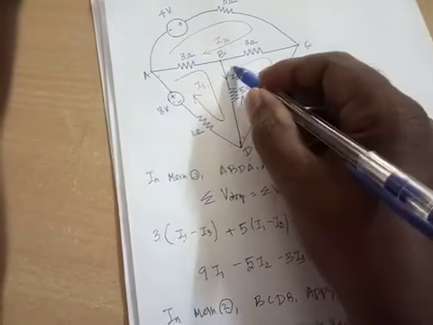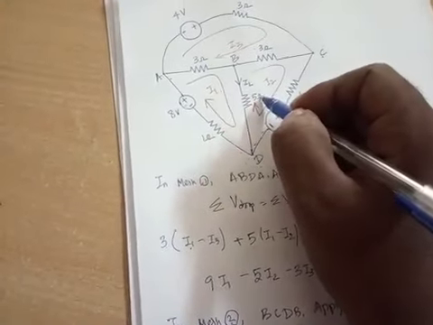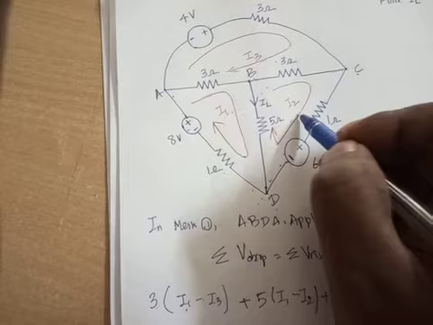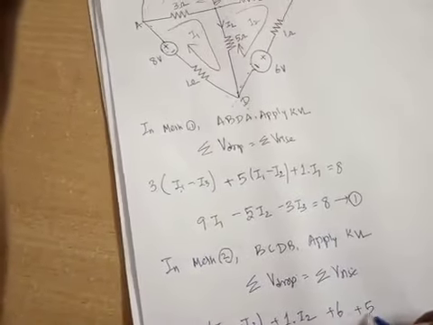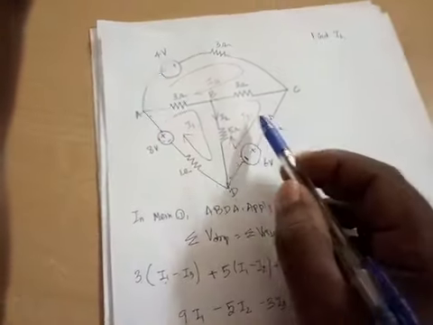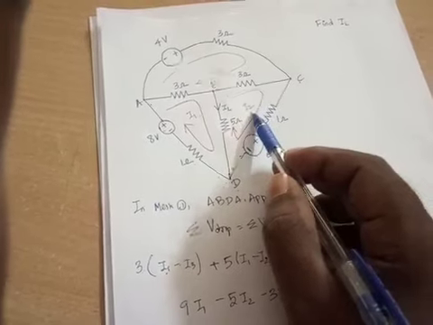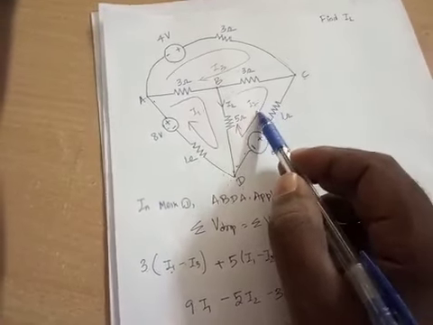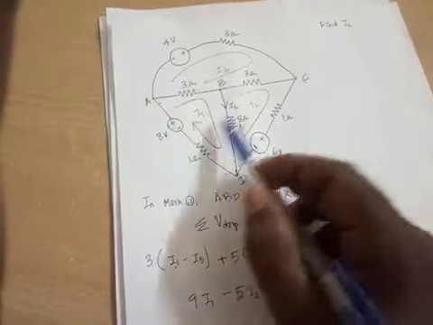Next, D to B, the resistance is 5 ohm. The currents flowing through it are I2 and I1, in opposite directions, so plus 5 into I2 minus I1. Why I2 minus I1? Because we are writing the KVL for the second loop, so give first preference to the second loop current, then minus the other loop current.